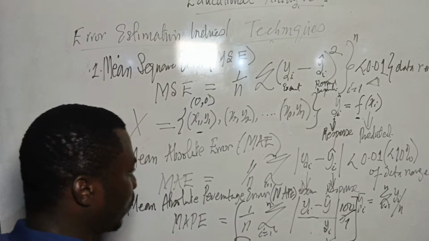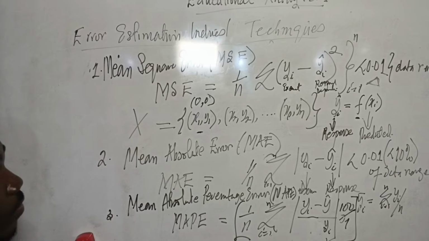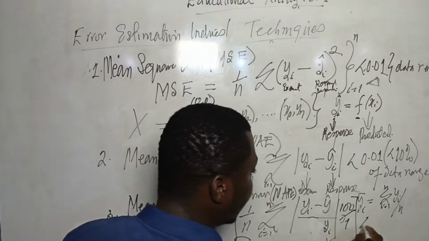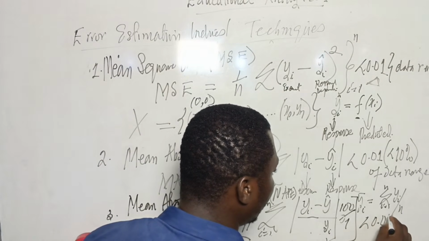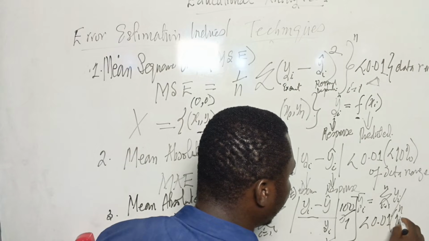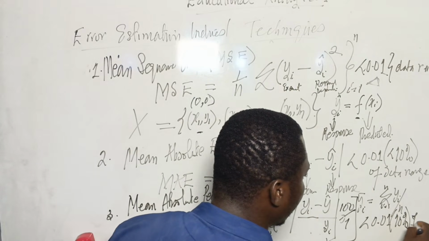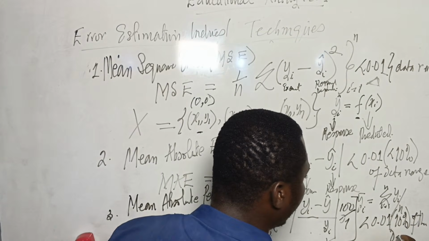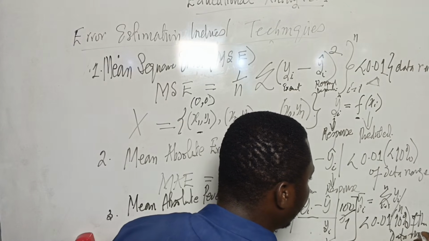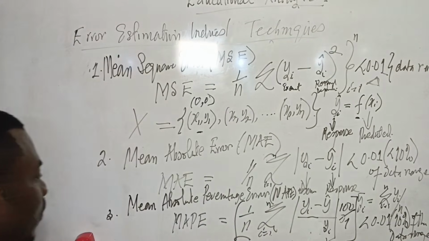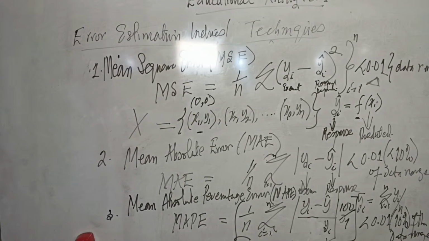There is a 100% in it. Now the threshold is the same. It should be less than 0.01. Some people consider it to be just 10% of the data range.